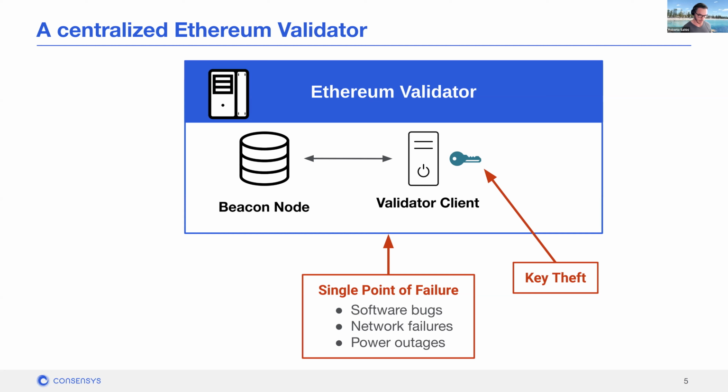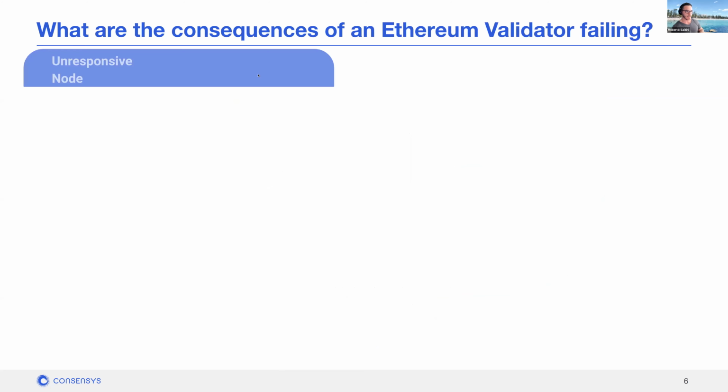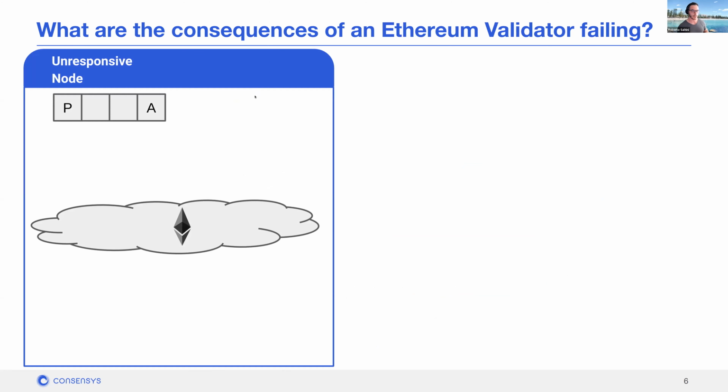So now we know that this is a system that can fail. There is no redundancy, but let's look at what the consequences are. Let's look initially at the problem of having an unresponsive node. We have the blocks at the top.